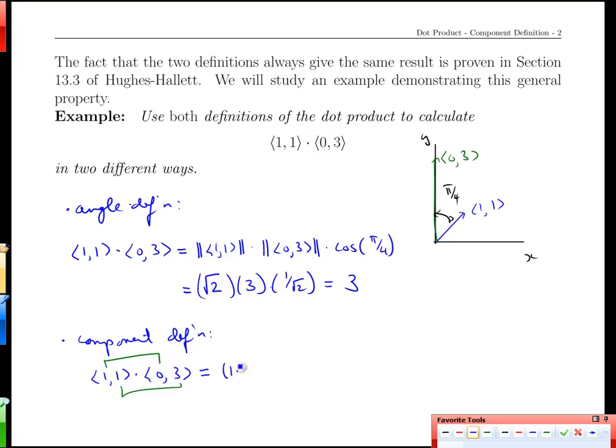So we'll have 1 times 0 plus 1 times 3, that's 0 plus 3, and that's also 3. So this is not a proof by any means, but it's an illustration that for two not closely related vectors, when we take the dot product using both definitions, we get the same value, which supports our argument that we can use those two interchangeably.